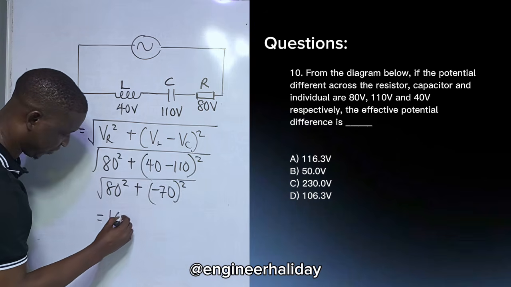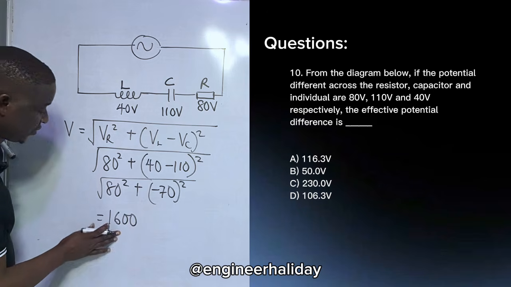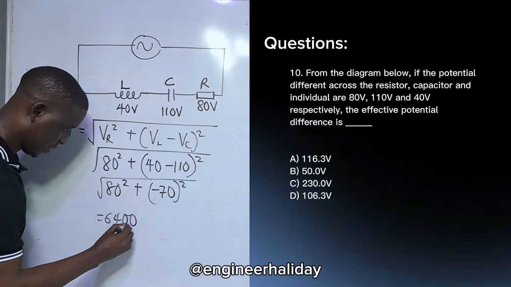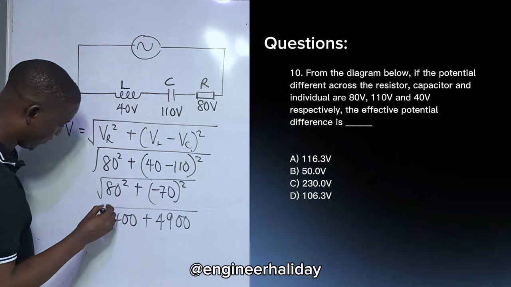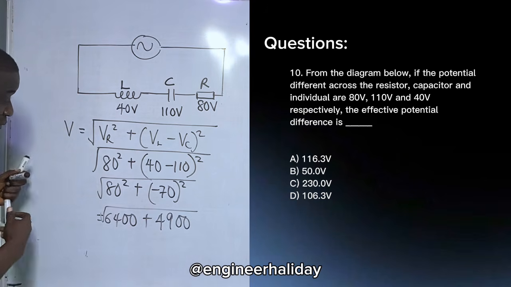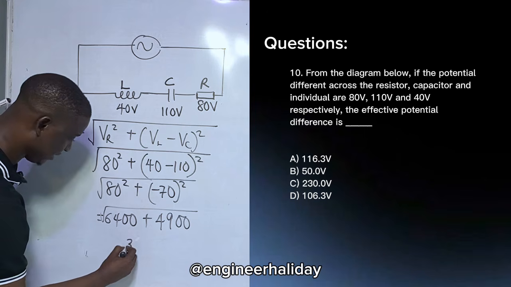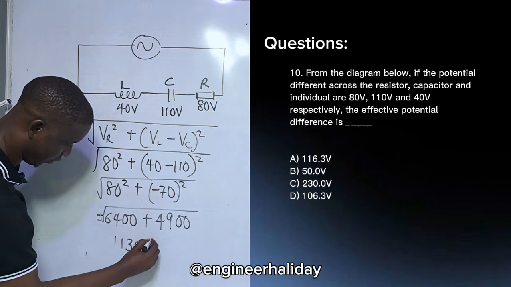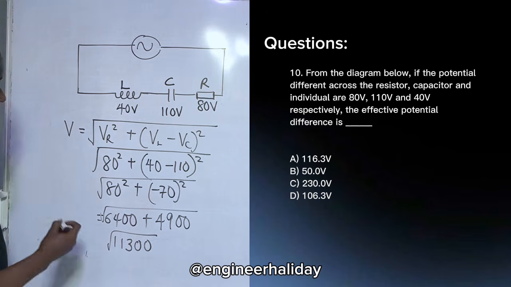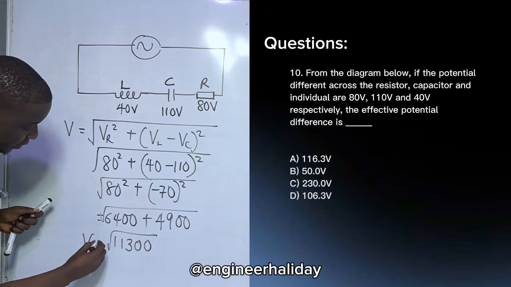So this gives us 1600. No, 6400 rather. Plus this gives us 4900. So 4900 plus 6400 will give us 11300. That is the square root of this.